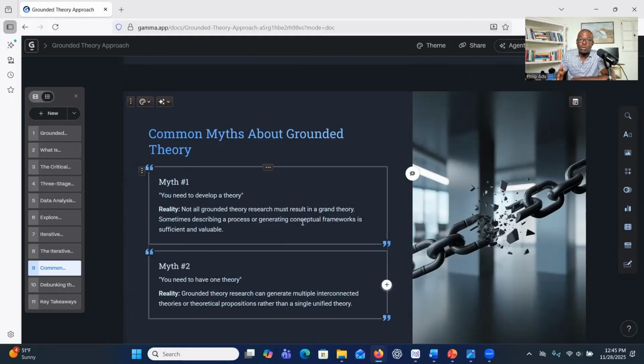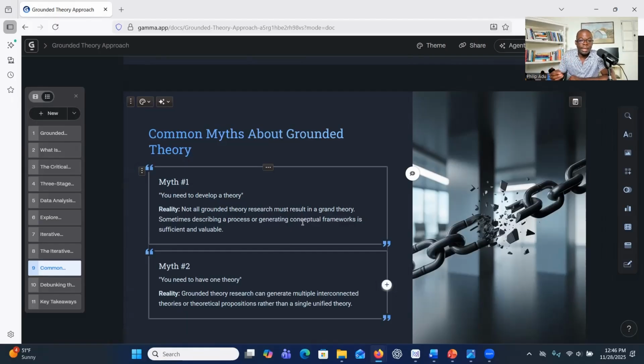But the most important thing is to be transparent and say that maybe I reached the focus coding process and I was able to develop themes, but I couldn't go further because I don't have enough data or I don't have the resources to collect more data from participants to go to the next stage, which is theoretical coding. Or sometimes you reach theoretical coding at the initial stage, but you didn't go further to collect new data to test the theory.